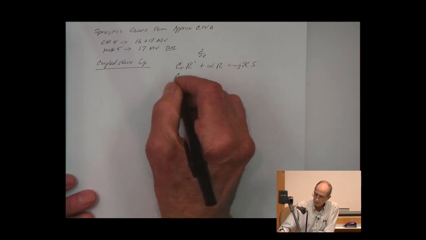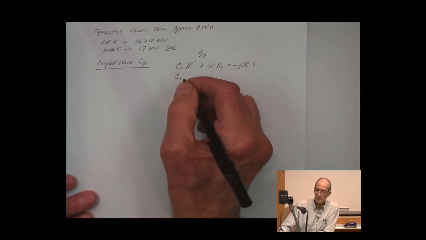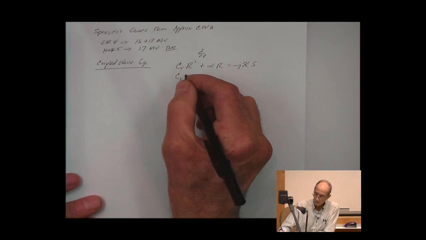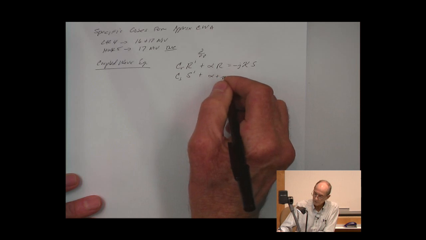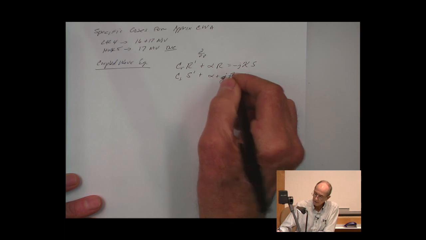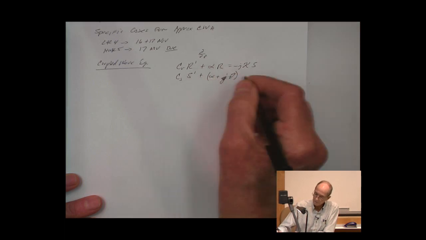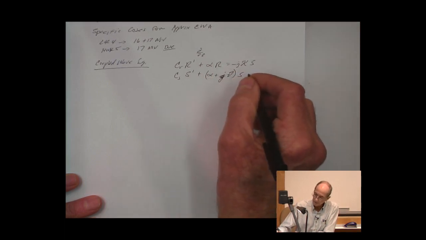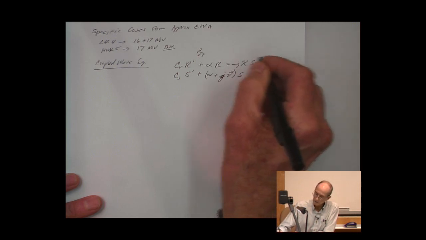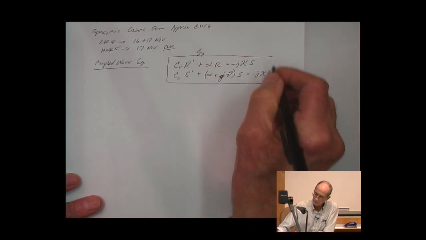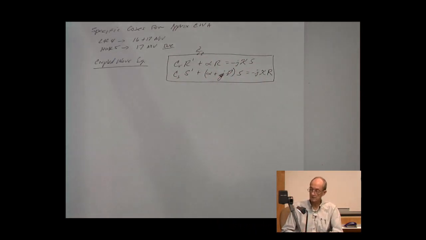And then we have c sub s, which is the cosine of the angle of the diffracted beam, times S prime plus alpha plus j times the detuning parameter, Greek theta, times S is equal to minus j kappa times R. So this is the pair of coupled wave equations that we are going to be solving throughout.